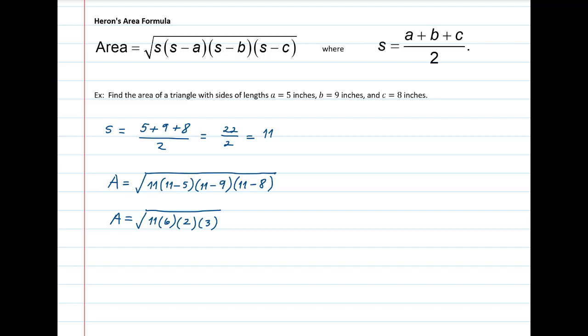Or even if it doesn't, you can divide it into triangles and just measure those sides. You'll be able to use this formula and find that area without having to figure out angles or anything. All you need are the measurements of the sides. Okay, so in this example, we have the area is equal to the square root of 396, which is approximately 19.90 inches squared. And there we have it.